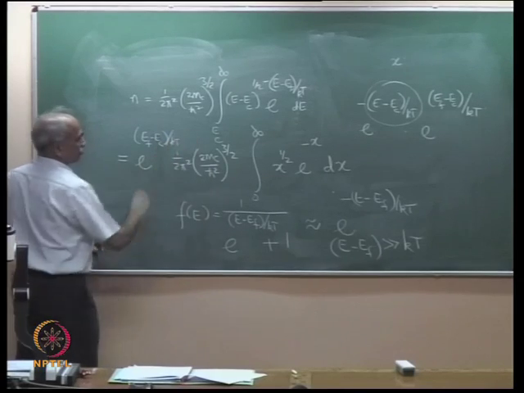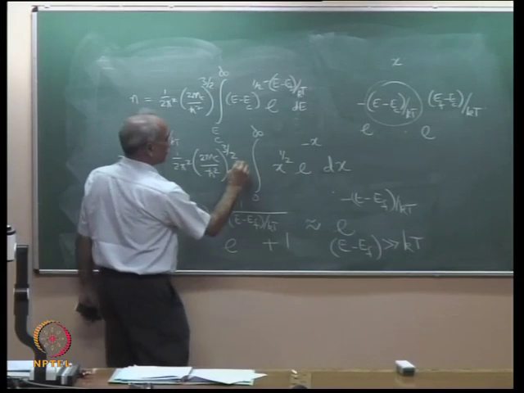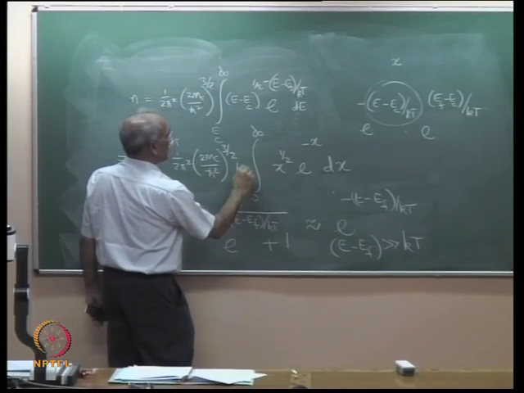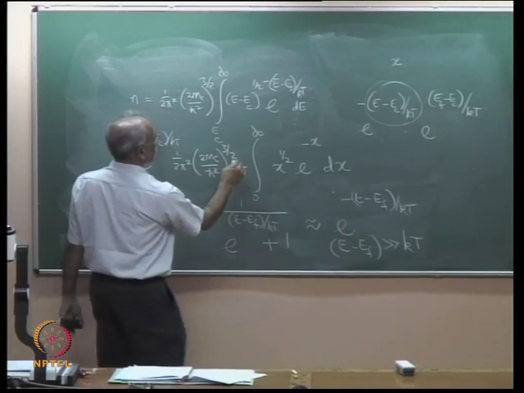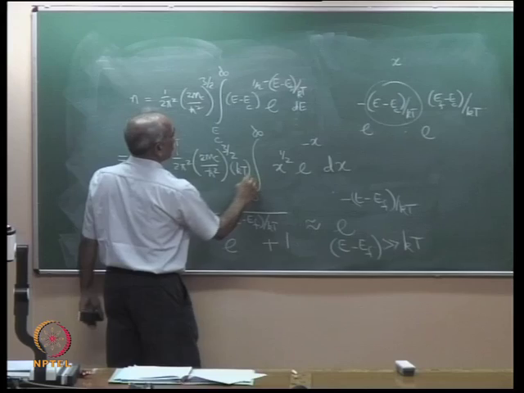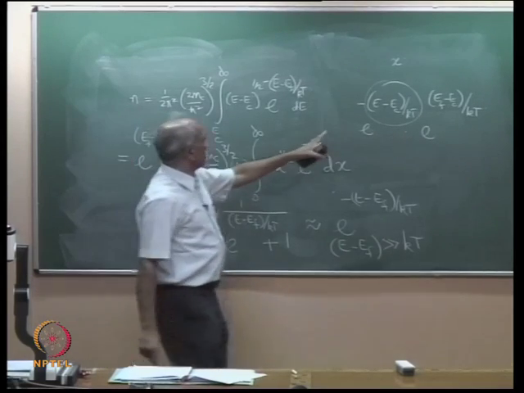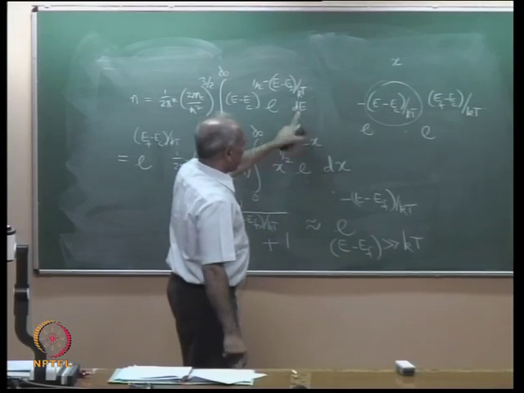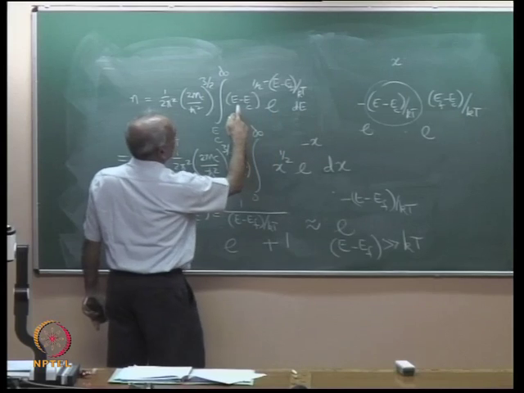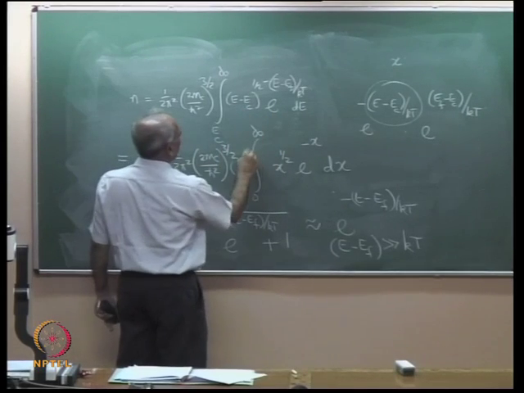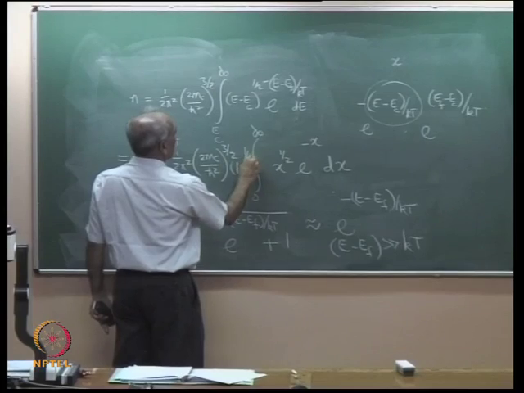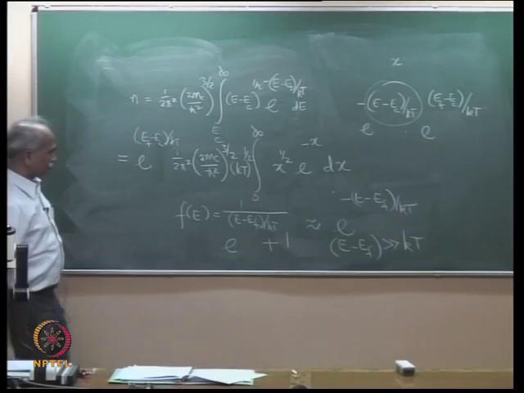Any other term? KT to the power half, so dE will contain 1 KT to the power half. So KT to the power half, right?